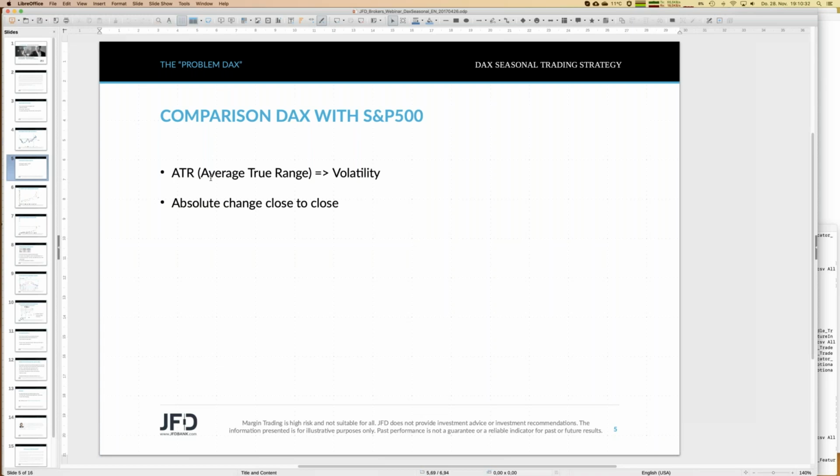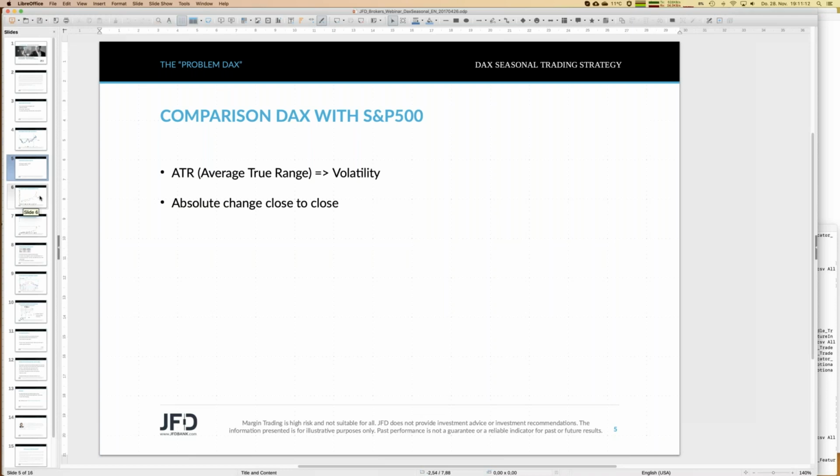So if the ATR is high, it means we have huge candles. We don't say anything about the sign, whether it's a long or short candle, but at least if the ATR is high, it means we have long candles in whatever direction. So ATR is interesting to know. And the other thing we might have a look at is the absolute change from one day to the other in terms of close to close. So from one close to the close of the next day.